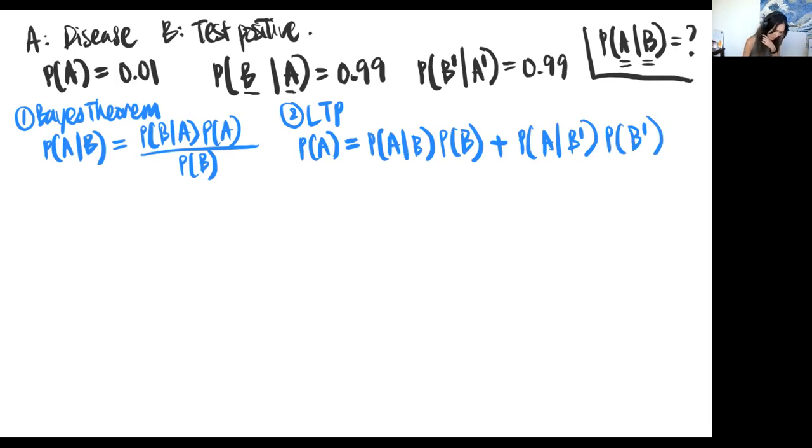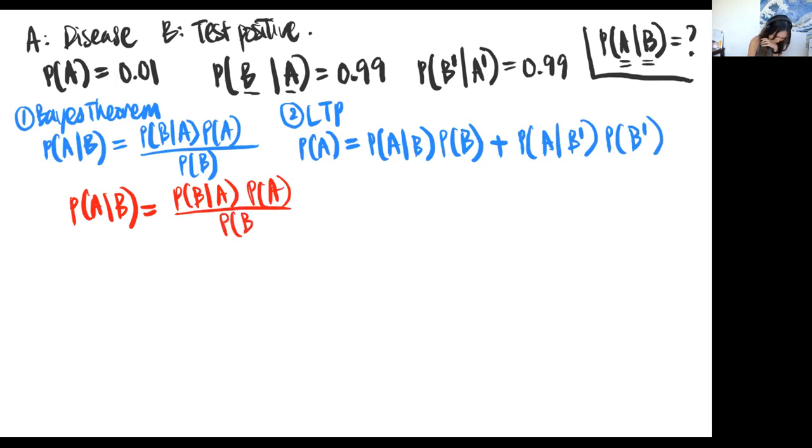So let's go back to our initial problem that we're trying to solve. We want to find the probability of A given B. Immediately, right off the bat, we know we should use Bayes' theorem. So the probability of A given B is equal to, we can just plug in Bayes' theorem, probability of B given A multiplied by P of A, over probability of B. Nice, we have this, and we also have this.